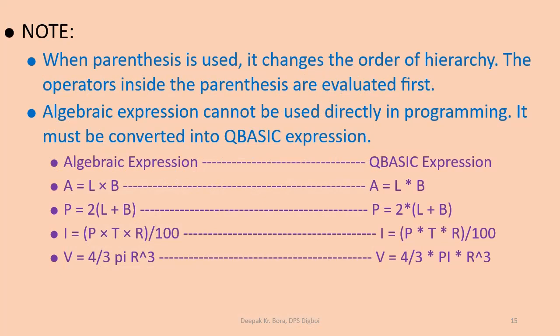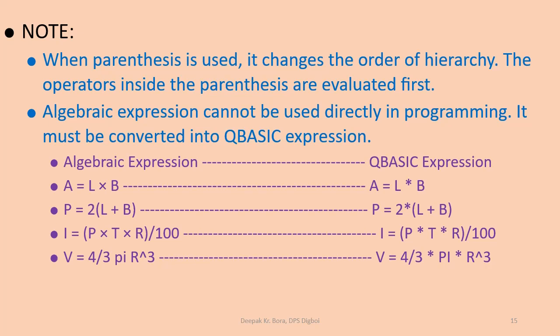Remember, when parentheses are used, they change the order of the hierarchy. The operators inside the parentheses are evaluated first. Again, those operators will be evaluated on the basis of their hierarchy as given earlier.